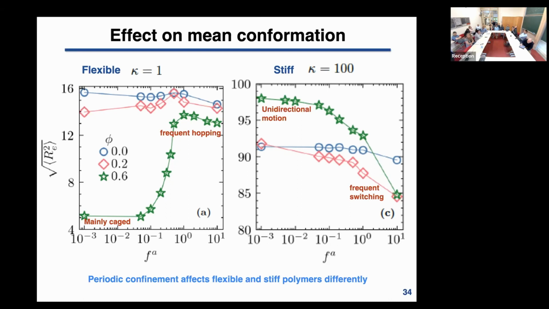And if you have high enough activity, this seems to overshoot, and at some point you just transition, but we haven't analyzed it from the view of a dynamical transition.